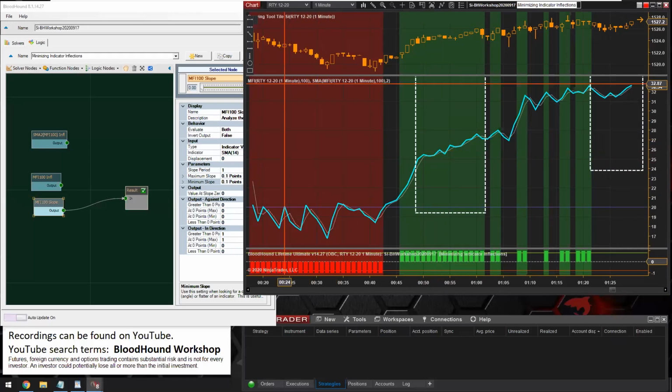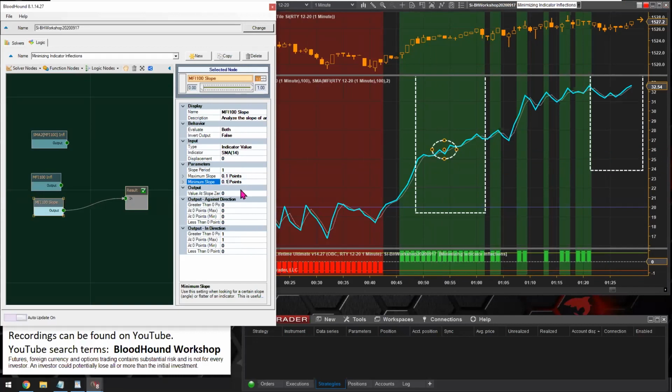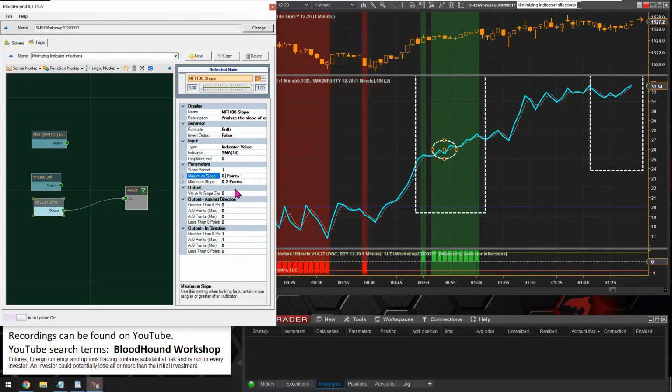But our goal is to set the minimum slope amount so that we don't get an output on these little micro inflections here, if that's even possible. So this may not even be possible. So let's try 0.2 on these outputs and see if that works.